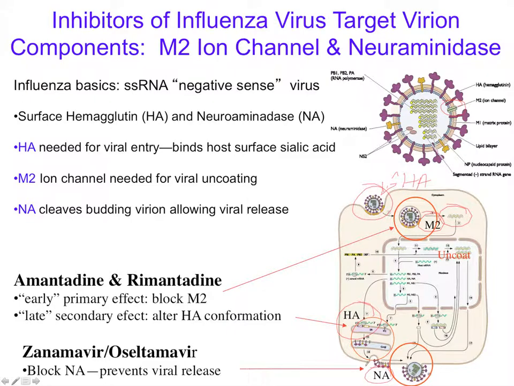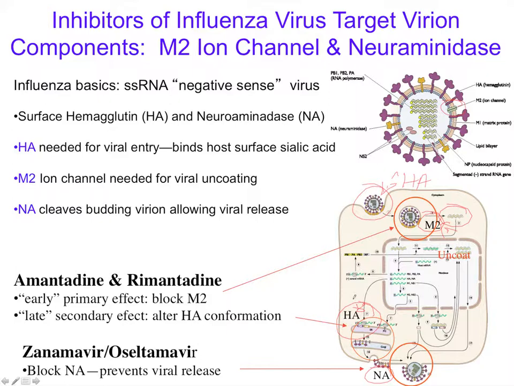And antiviral agents have been developed to target specific parts of this viral life cycle. So amantadine and rimantadine exert their effects by blocking this M2 ion channel, but they also exert their effects by preventing or causing alterations in the conformation of the hemagglutinin protein shortly after viral translation.